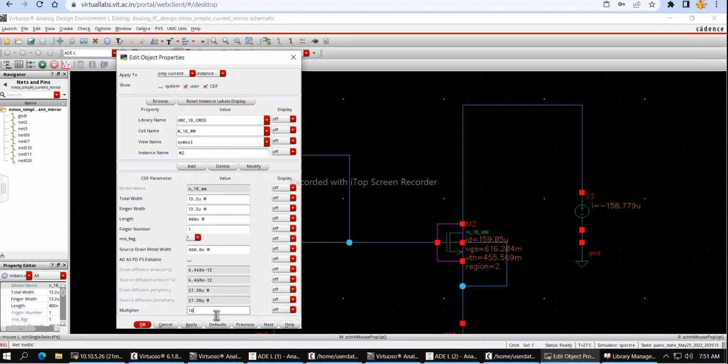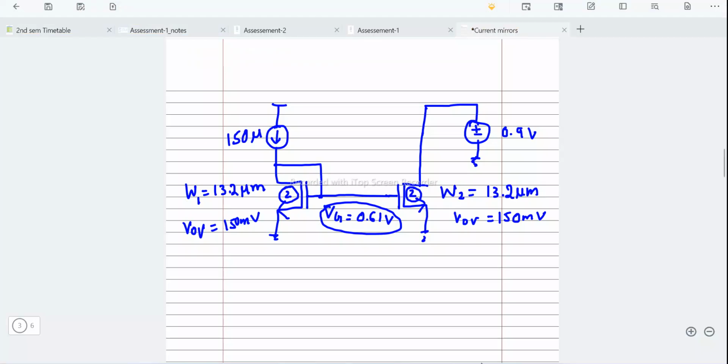So if we want to design it for 1.5 milliamps, if we call this I2 and this Iref, I2 equals Iref times W2 divided by W1.